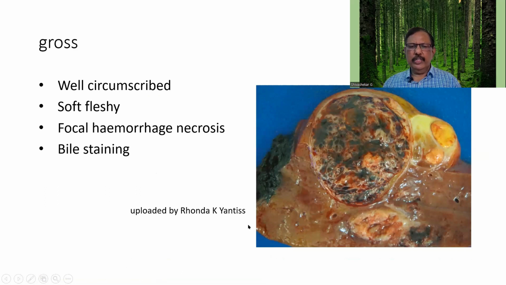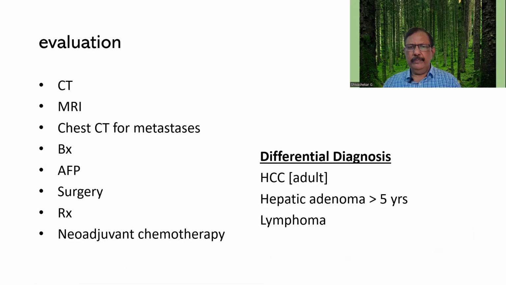Again, thanks to this particular author for the wonderful contribution. Bile staining may be seen. Age is supposed to be one of the leading factors in the diagnosis. For evaluation, CT, MRI, chest CT for metastasis, obviously biopsy is mandatory, alpha-fetoprotein.